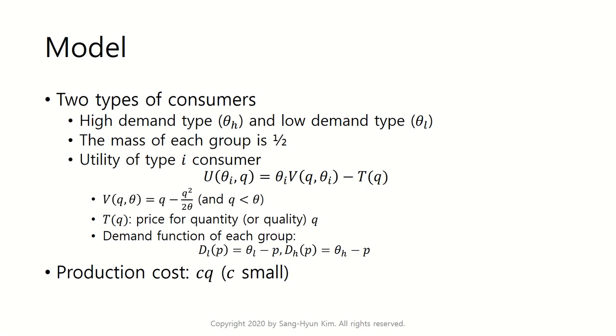So the demand functions look like this. DL is the demand for the good of the L-type consumers, and it is theta L minus P. And the demand of the high-type consumer is DH, which is theta H minus P. We can think of this demand function only if there is some unit price P. So if there is no unit price P, then we cannot even think of a demand function.